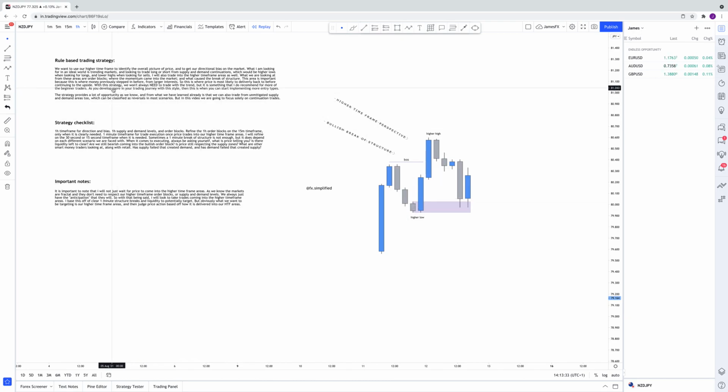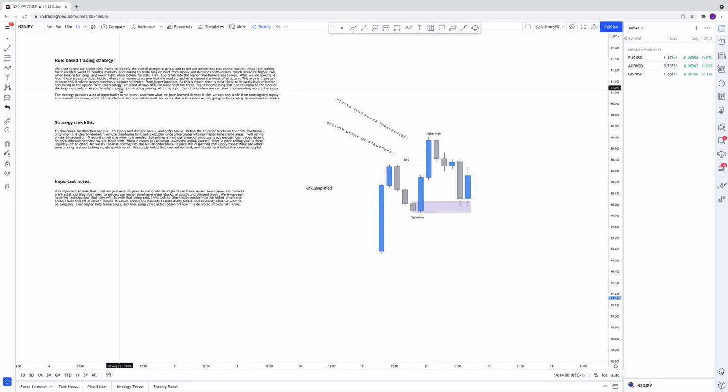So with this strategy, we won't always need to trade with the trend, but it is something that I do recommend for more of the beginner traders if you're new to smart money concepts or the concepts that we teach in this strategy. Because it does take a good amount of hard work on the charts to understand price and what it's doing.